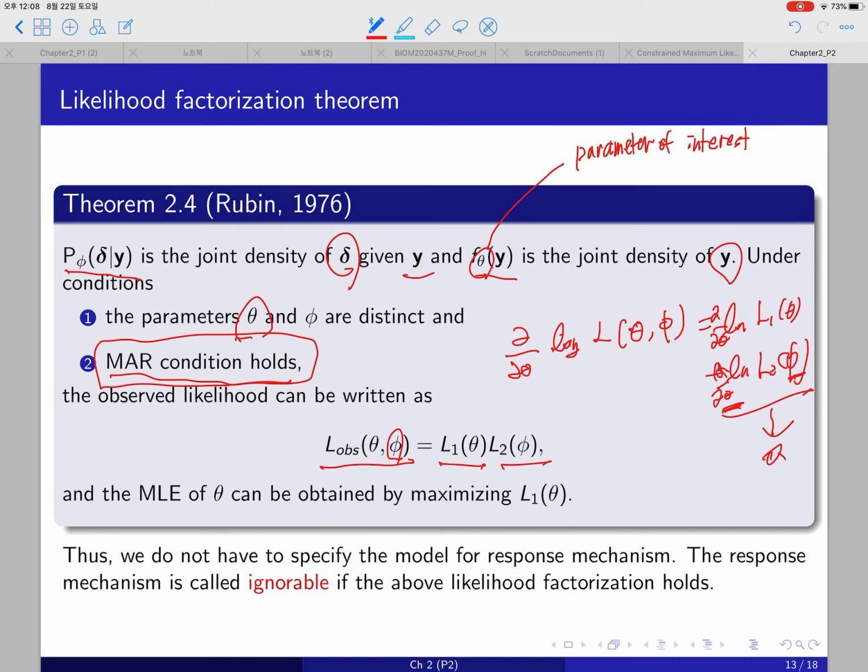So we need to make sure that these two parameters are distinct. Then we only have to maximize L1 of theta. That's good news because, under missing at random, we do not have to specify the model for the response mechanism. So sometimes we call it ignorable, in the sense that we can actually ignore this part.